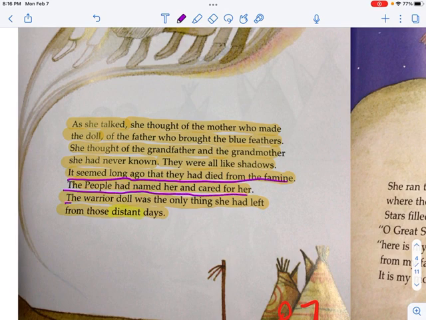The warrior doll was the only thing she had left from those distant days. There's some key words in this section. So using our context clues, or the words around the word distant, we read long ago. And the book is talking about things that happened a long time ago. So what do you think distant means? Well, we will come back to that definition, so keep your prediction in your head.